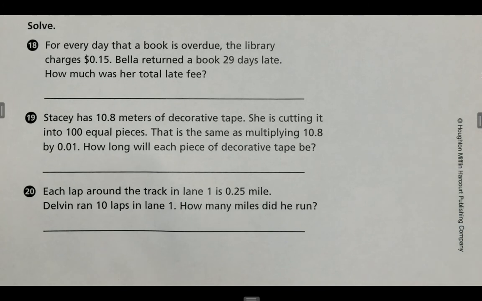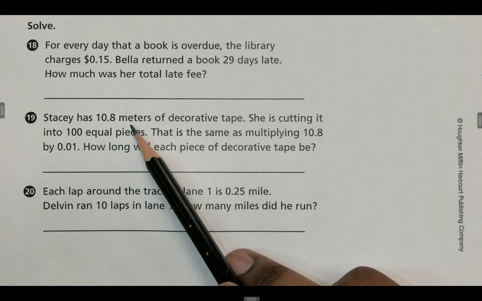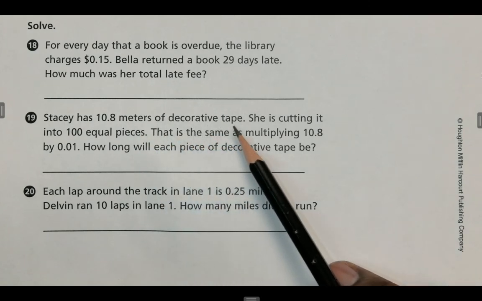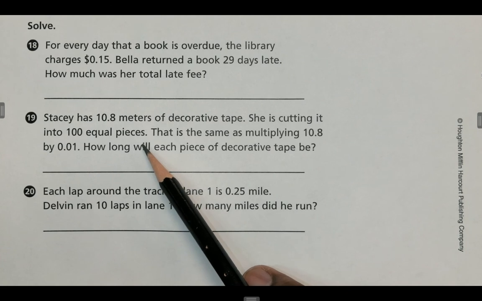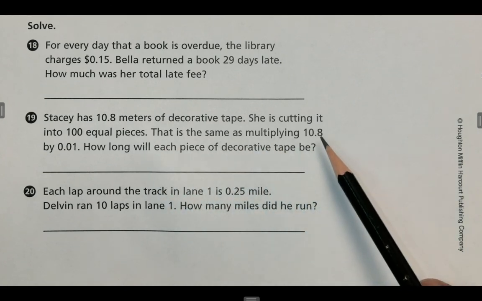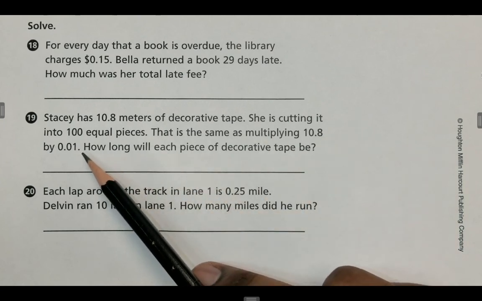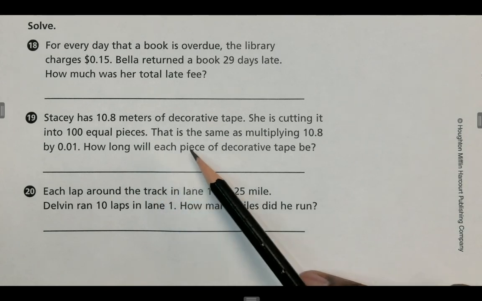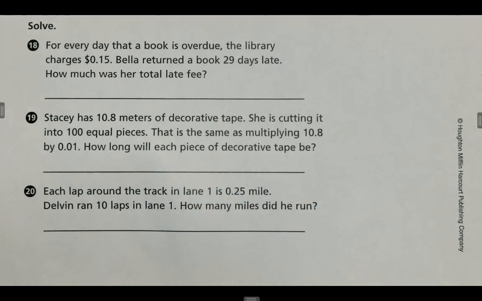The word problem here, 19. Stacy has 10 and 8/10 meters of decorative tape. She is cutting it into 100 equal pieces. And that is the same as multiplying 10 and 8/10 by 100th. So how long will each piece of decorative tape be? Okay.